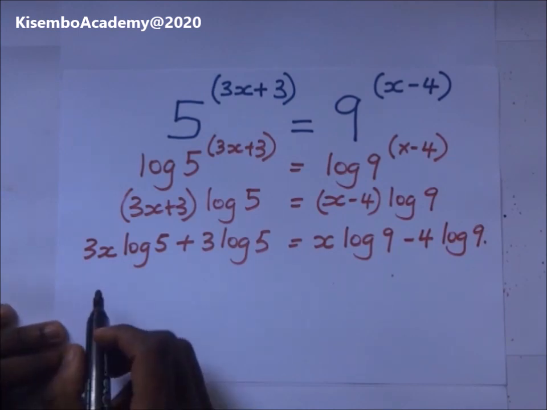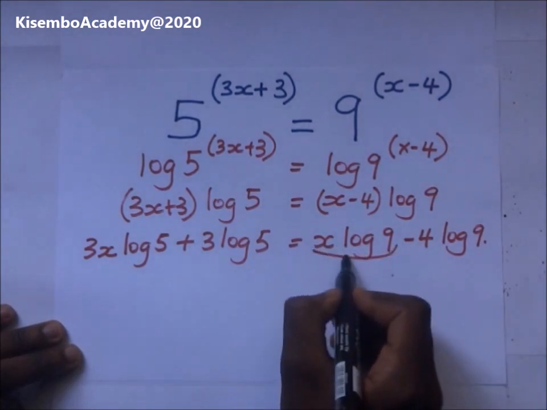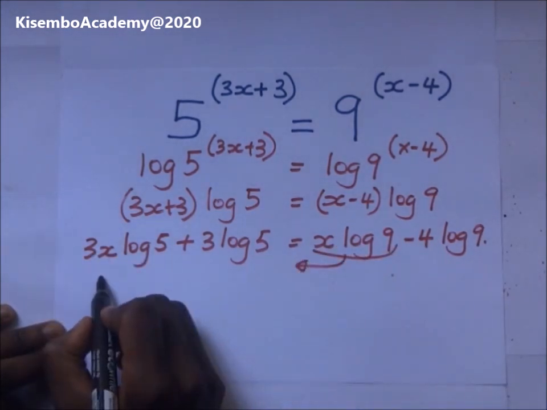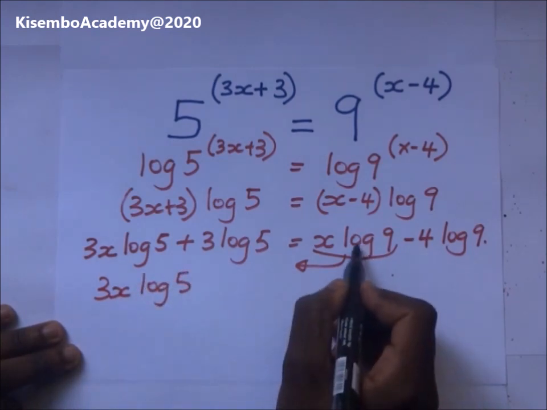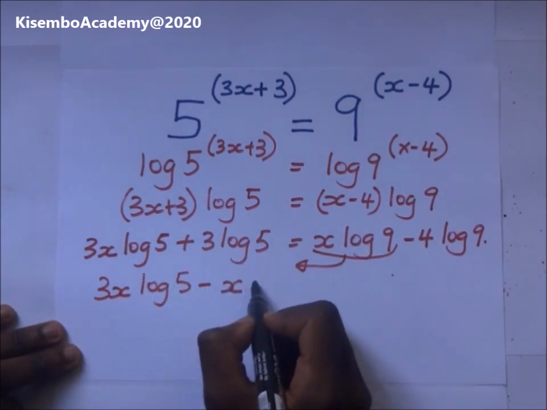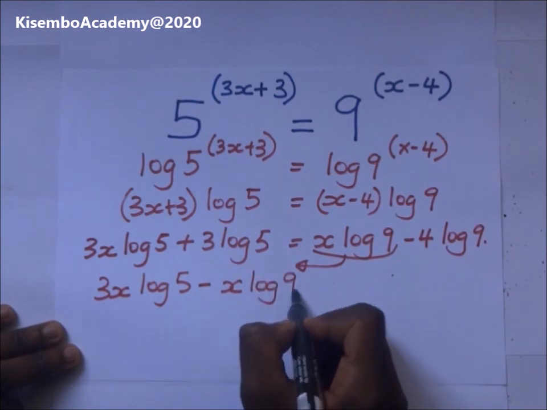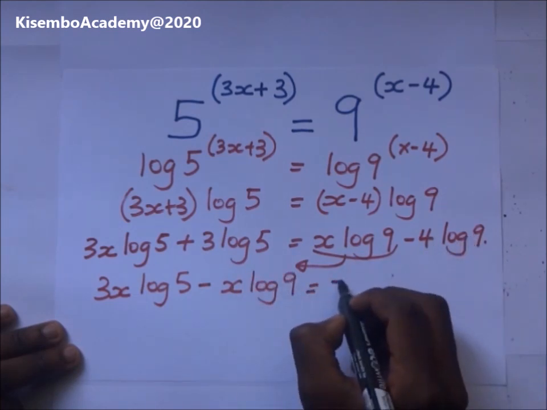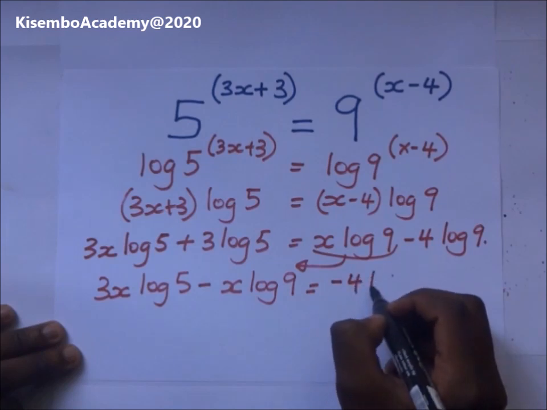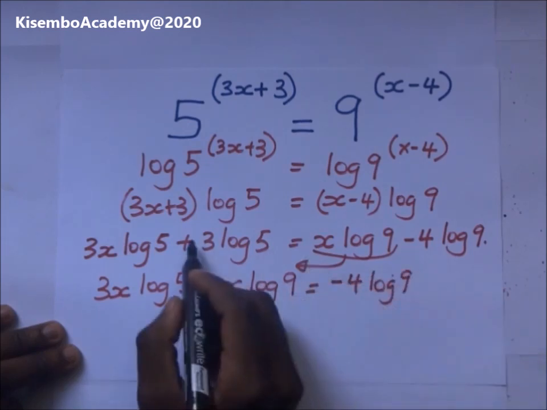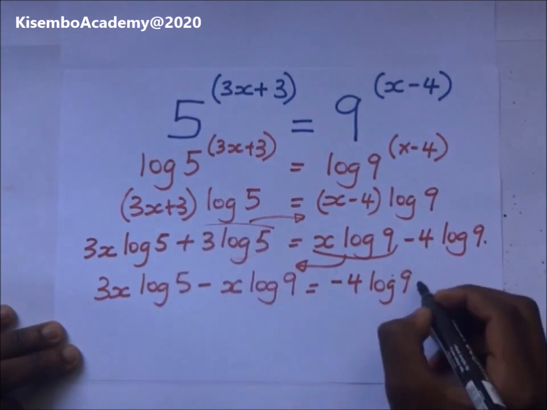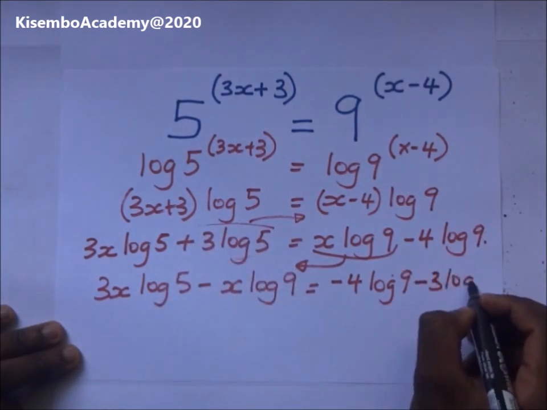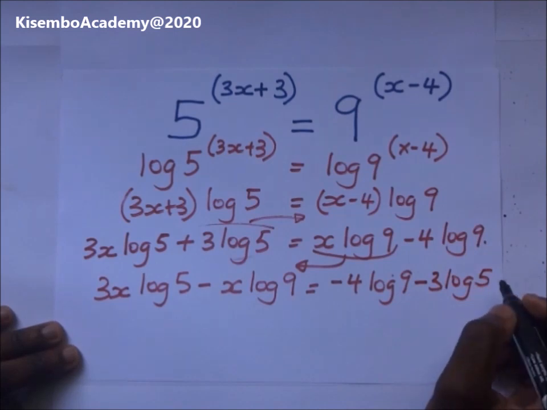So in this case, we require this to get that way. So it's going to become 3x times the log of 5. When this one comes this way, it becomes minus x the log of 9 is going to be equal to, here we have negative 4 log of 9. Then this one also needs to go that way. So it's minus 3 times the log of 5.